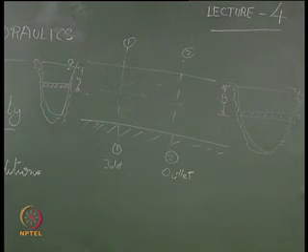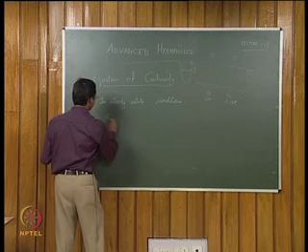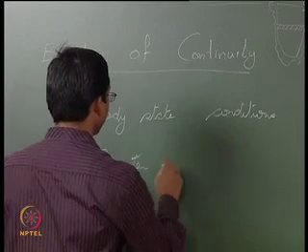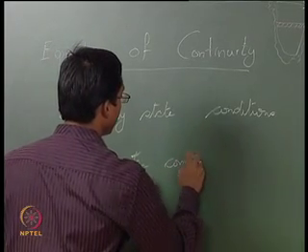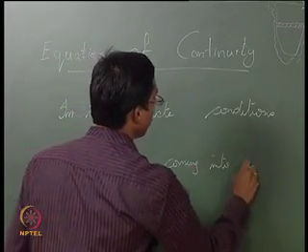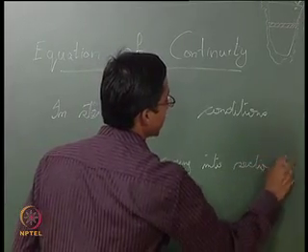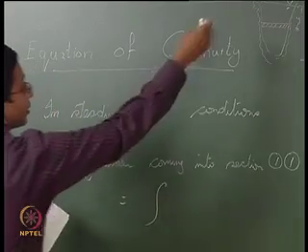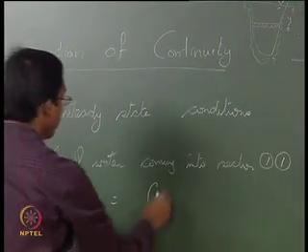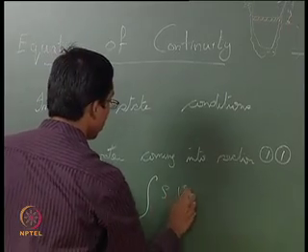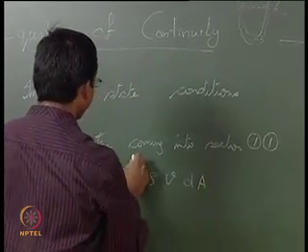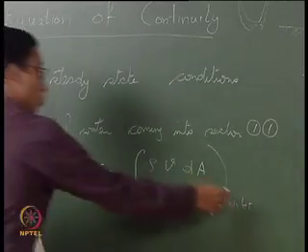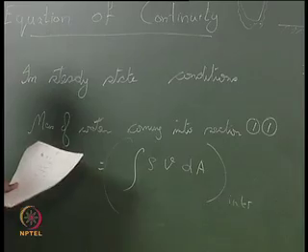We can just suggest that the mass of water coming into section 1, this I can write for any arbitrary cross section, integral of rho v dA in the inlet or 1 like that also you can write.